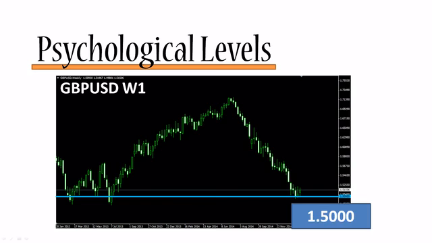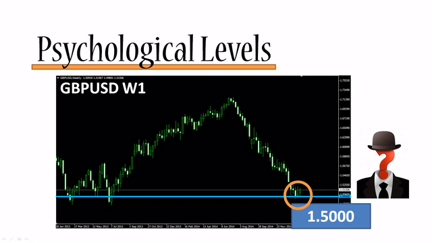It's 1.5000. Let's have a look here closer. As we discussed, traders don't know what's going to happen, and these round numbers play with their heads. They're anticipating some sort of reaction on the market, and generally the price goes into consolidation for a certain period of time.